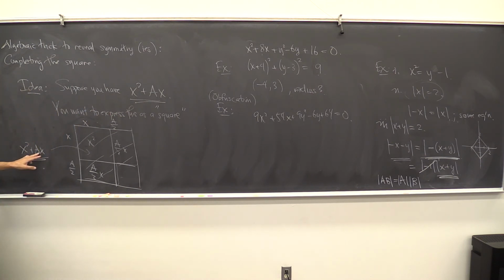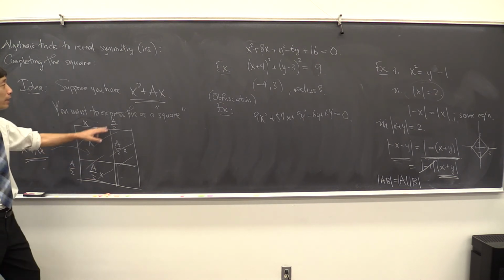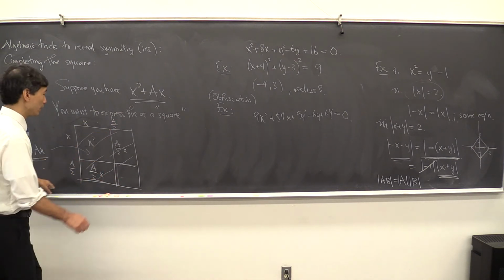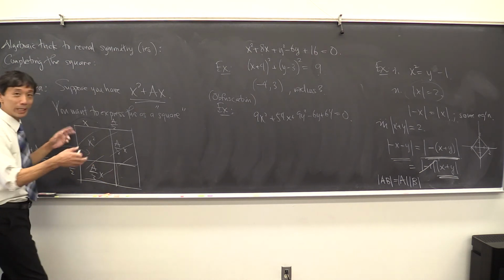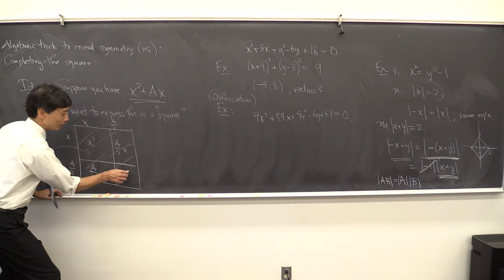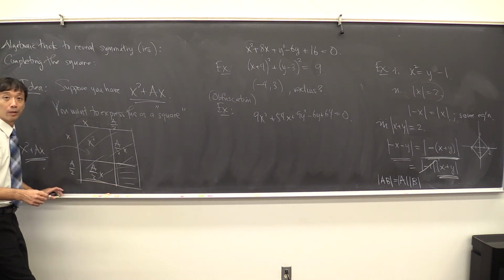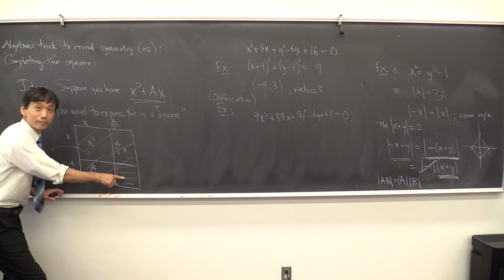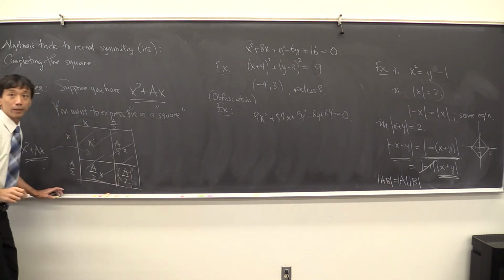So what you see is that this thing is almost a square, right? What am I missing? What do I need to complete the square? Well, what's the area of this thing? Anybody? a over 2 quantity squared, right?